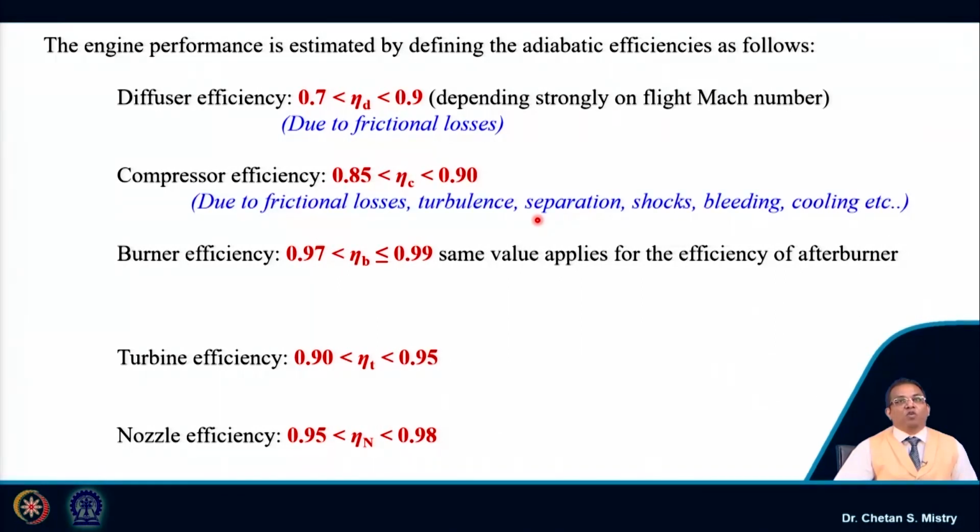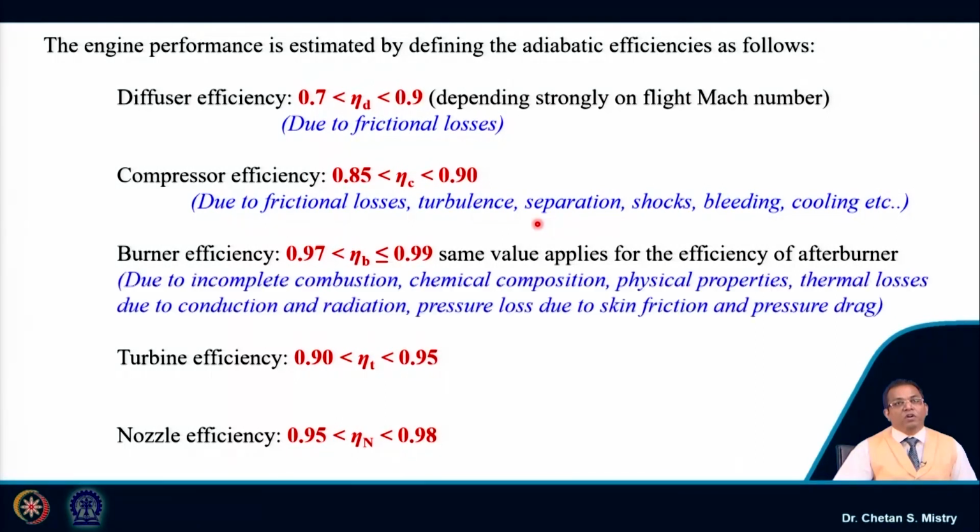In the same way, if we talk about the compressor, we will have frictional losses, turbulent loss, separation, shock, bleeding, and cooling, all of which lead to reduced performance of our compressor. For the burner, we have incomplete combustion, chemical composition, physical property, thermal losses because of conduction and radiation, and pressure loss due to friction and drag.